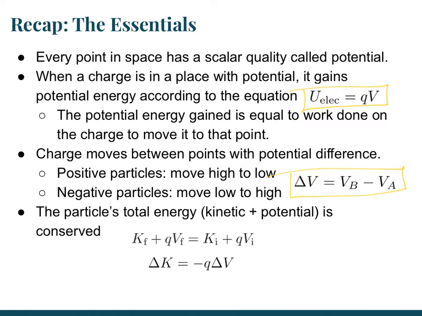And the last thing is that a particle's total energy is conserved, which is essentially saying kinetic plus potential at the end has to equal kinetic plus potential at the beginning. You can't have more energy than before unless work has been done on the system, which would add potential or kinetic energy. And that can be summarized in these two equations there.